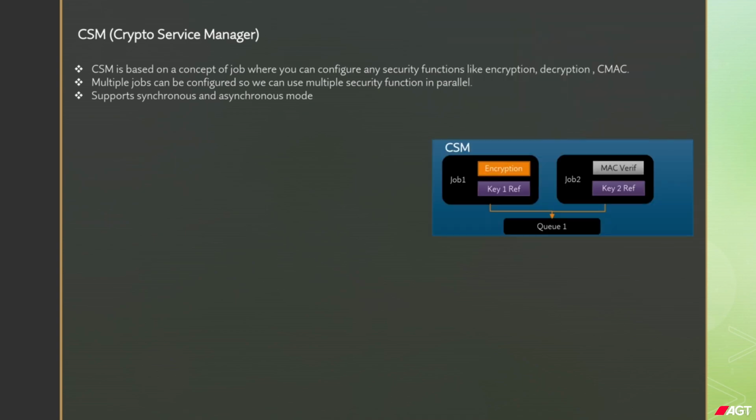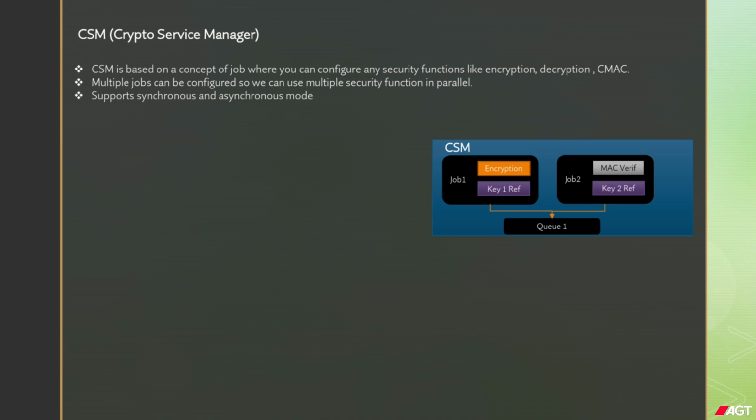So let's understand with an example. As you can see here, we have two jobs. Job 1 is for encryption, which is also called a crypto primitive, and has key reference 1. Job 2 is for MAC verification, which has key reference 2, where a key can be referenced by a job in the CSM.